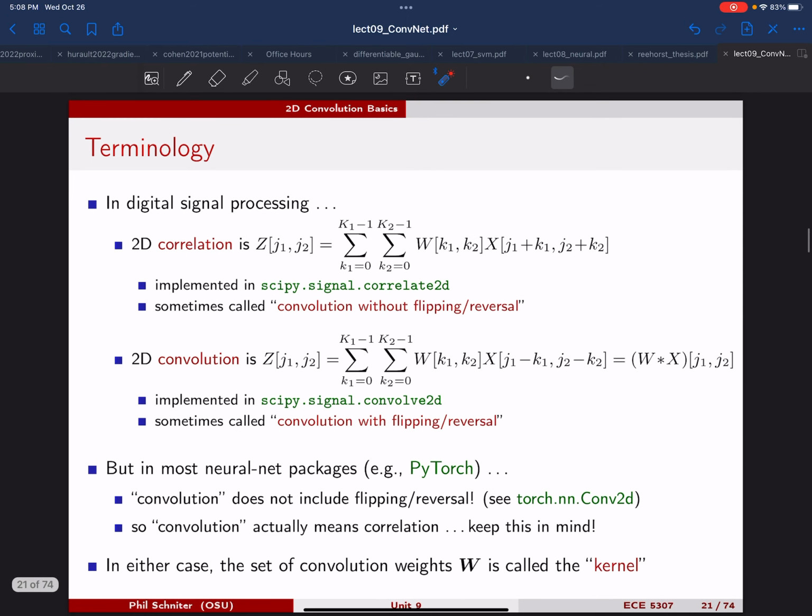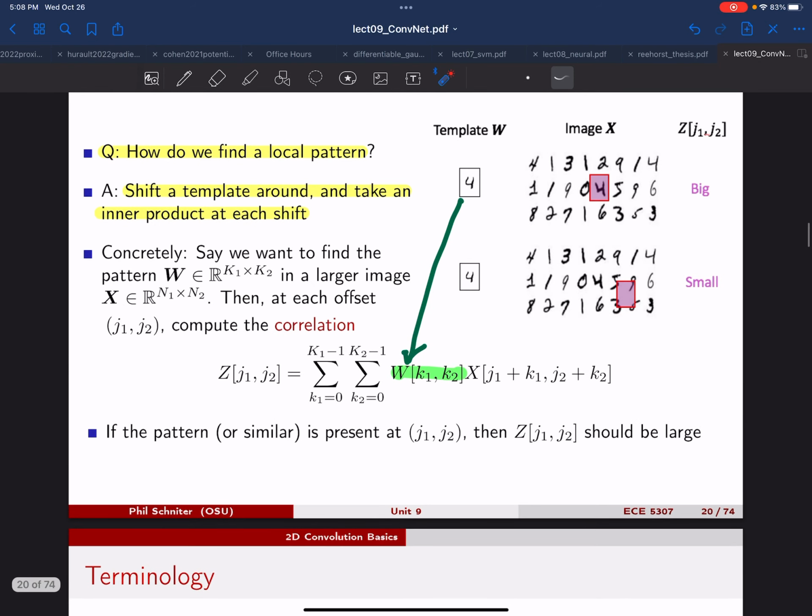Just to connect it to other classes you've taken, in signal processing we refer to this operation as correlation. This is exactly the equation from the previous page. But if you take a signal processing class like 5200 or 3050, convolution is a similar operation, but where you have minus signs here. It's like you're flipping the template around vertically and horizontally before you do that pattern match.